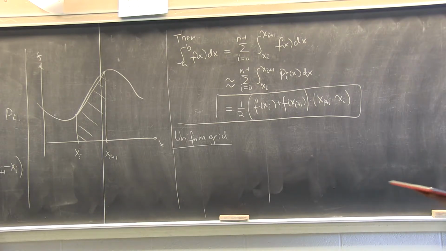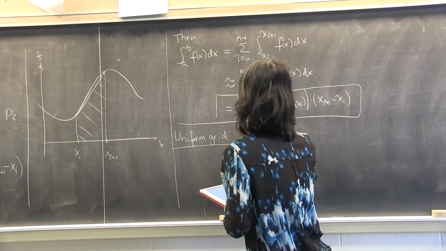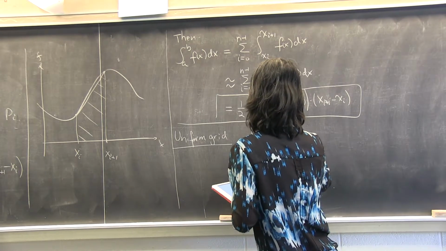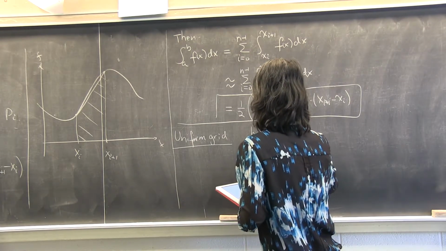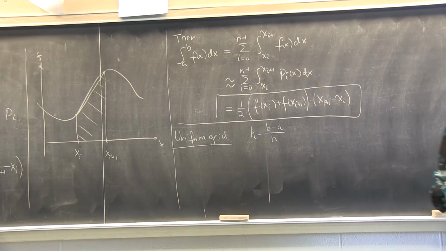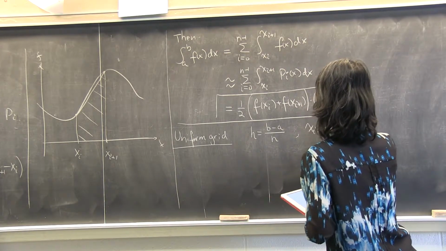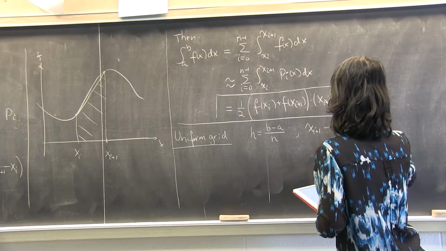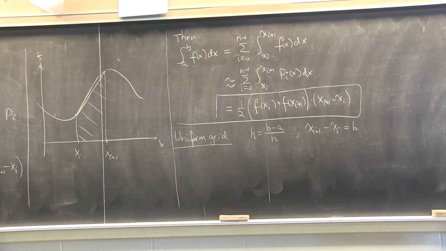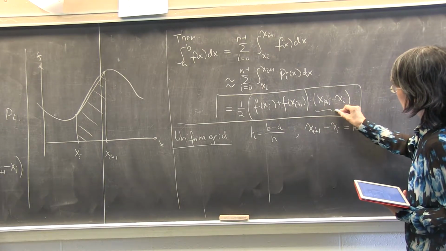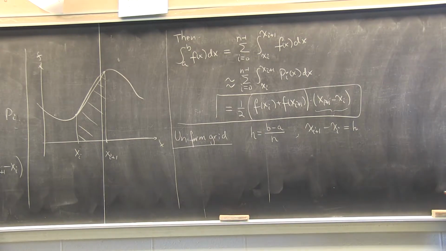We talked about uniform grid. So h now denotes the length of all subintervals. It will equal the total length of the interval divided by the number of subintervals, right? And then xi plus 1 minus xi for any i equals h, right? That's the uniform grid. So in the formula here, this guy equals h.